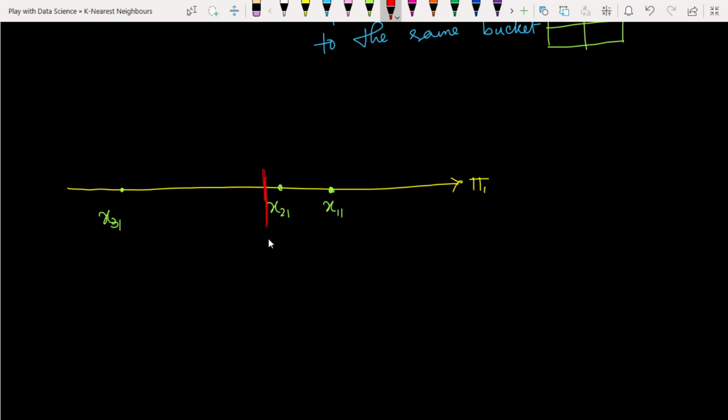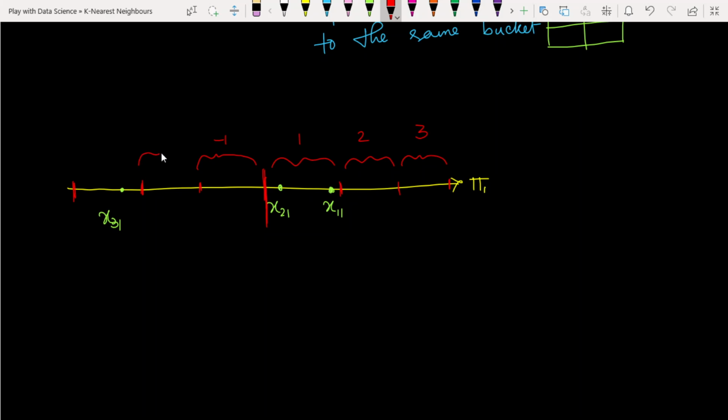On this side one region, this side one region, and so on. We label these regions 1, 2, 3, and -3.